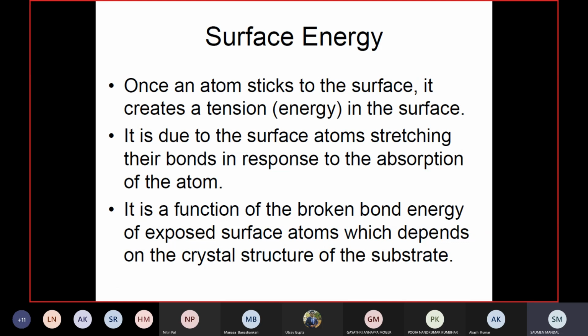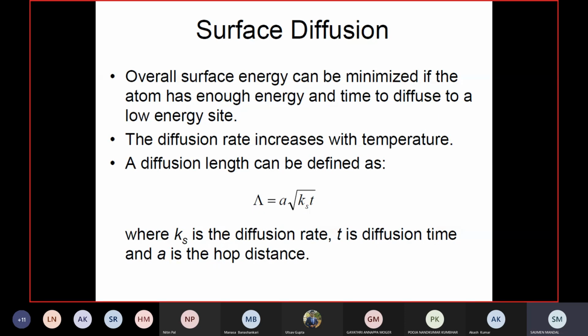According to the crystal structure of the substrate, the number of bonds will be decided on the surface. And here, one additional atom comes and sits there. Of course, it will change that surface nature. So what will happen? Surface energy will change.